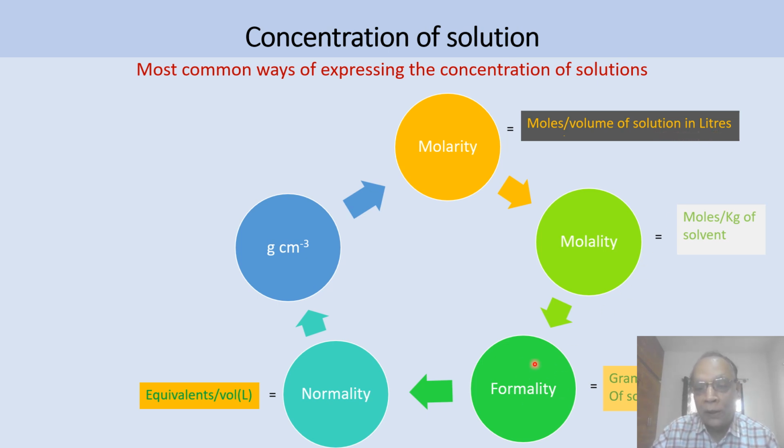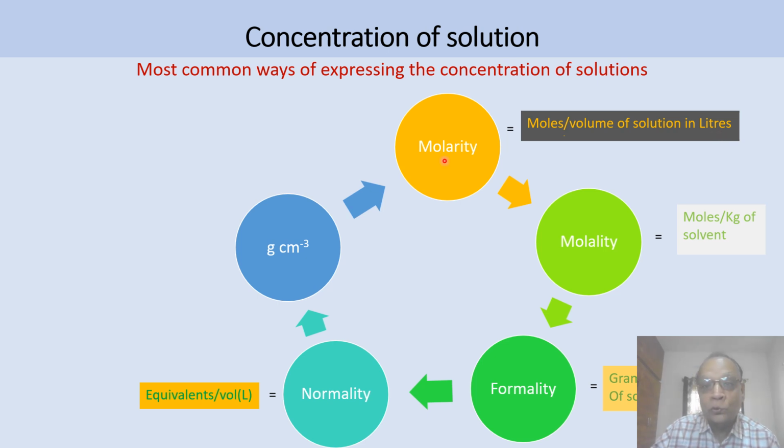Then we have formality, with grams of 1 unit formula of substance divided by volume of solution. Then we have normality, in which we use equivalents, number of equivalents divided by volume in liters of solution, as we did over here in molarity.